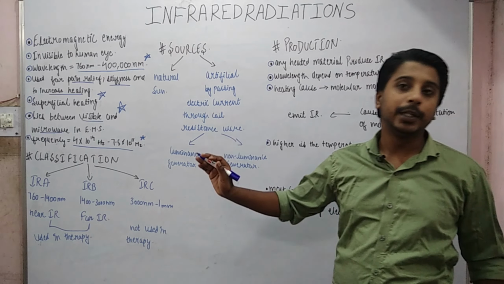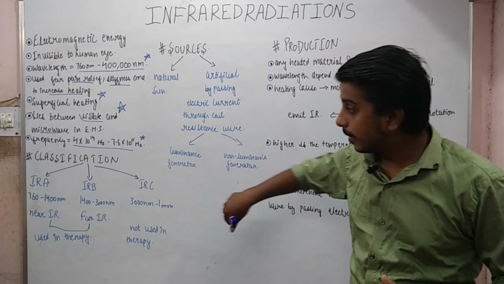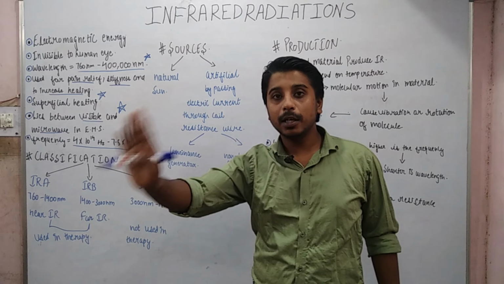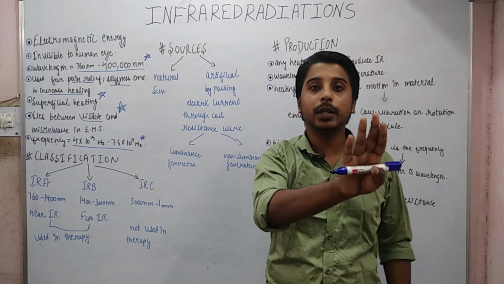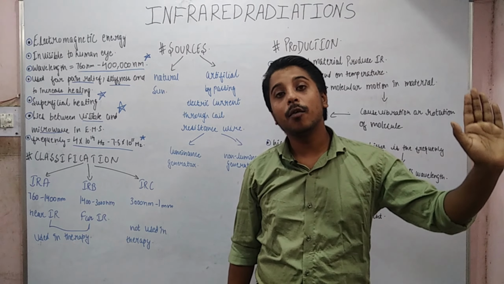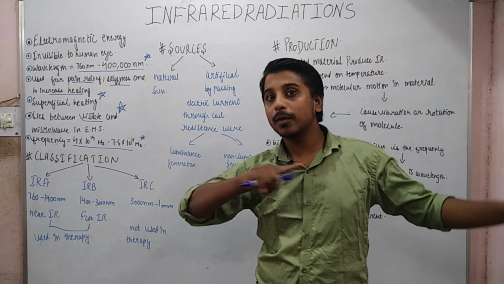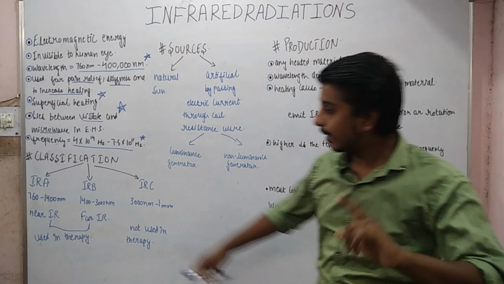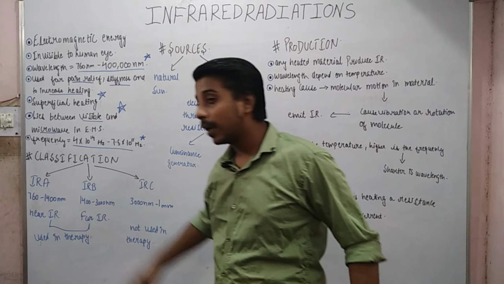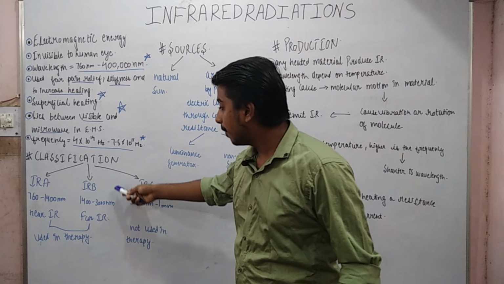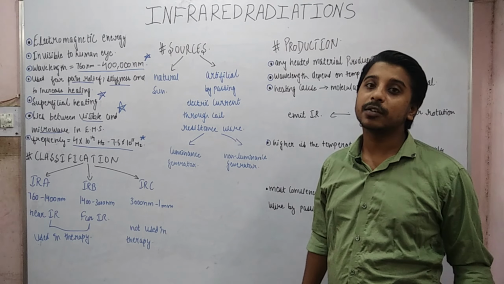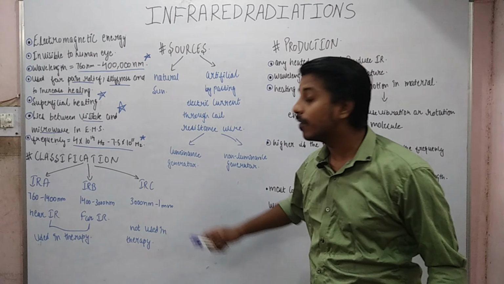So we need to read it again. IR A, B and C: 760 to 1400, 1400 to 3000, 3000 to 1 mm, and this all was in nanometer except the last. So you can say that IRA has the smallest wavelength, IRB has an intermediate wavelength, and IRC has the longest wavelength.